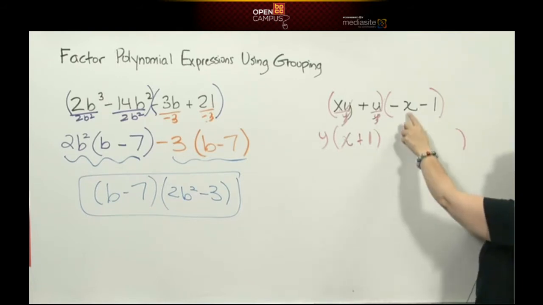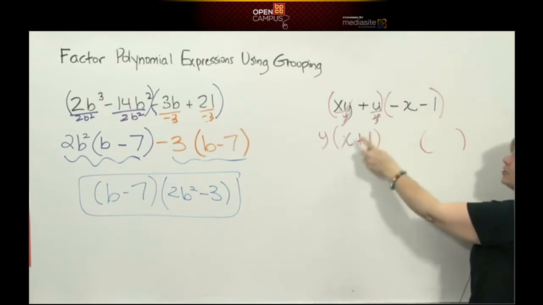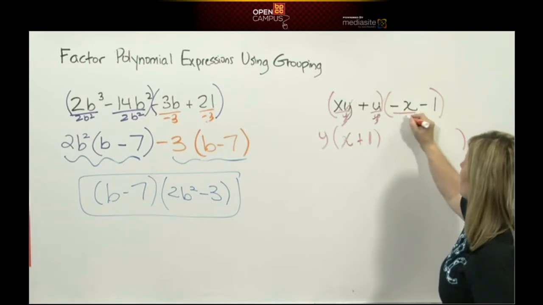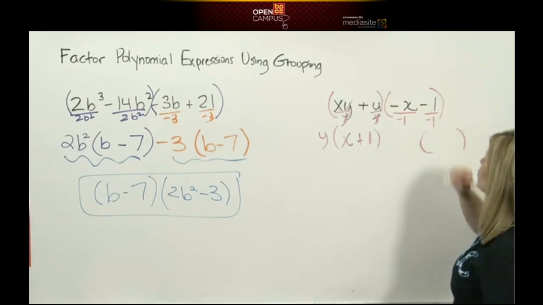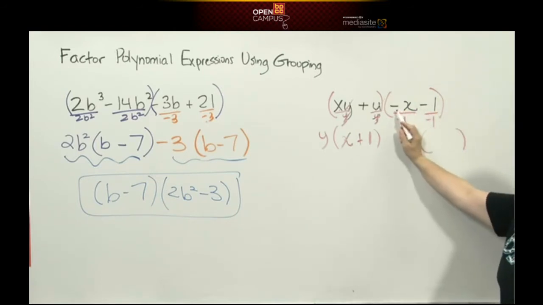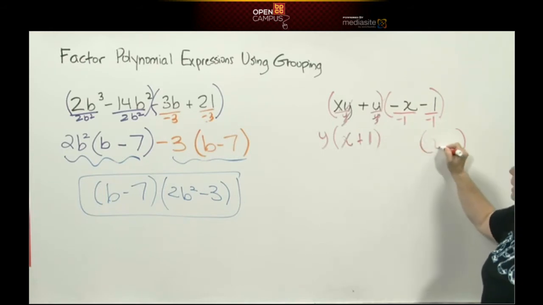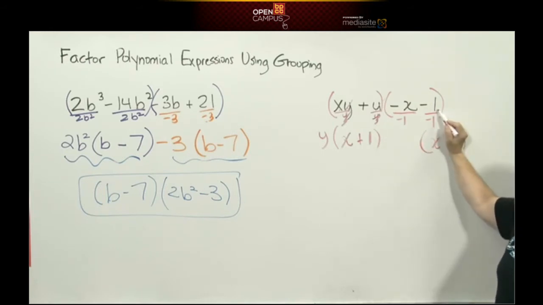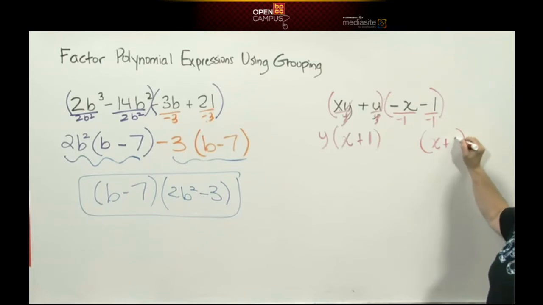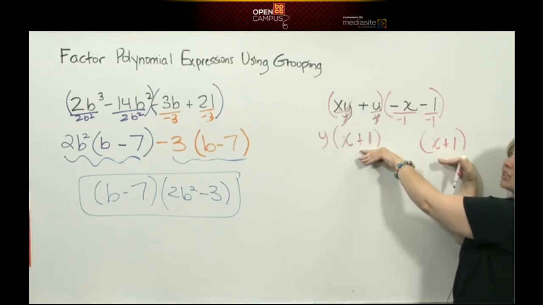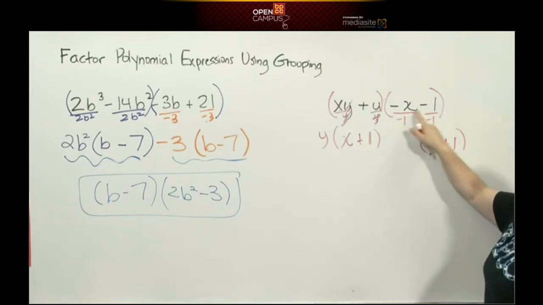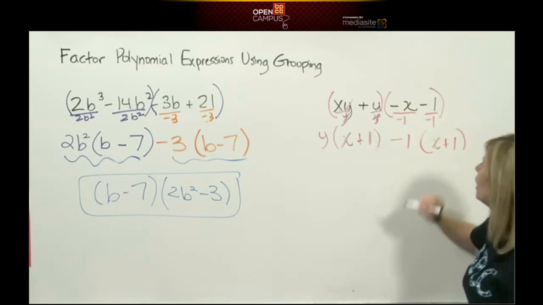So what would you divide a negative x by to make a positive x? That's right, you would divide by negative 1. So let's see if that works. If I divide negative x by negative 1, I'd get a positive x. If I divide negative 1 by negative 1, I get a positive 1. And that's our goal, to get the same parentheses. So the GCF here was negative 1.